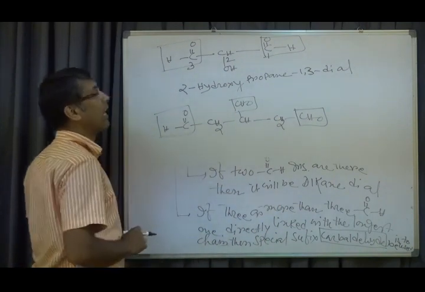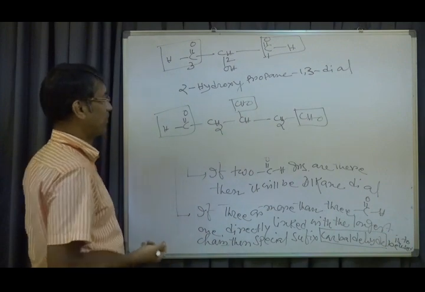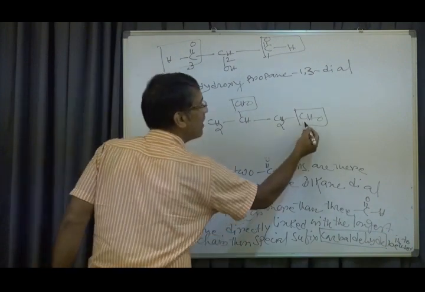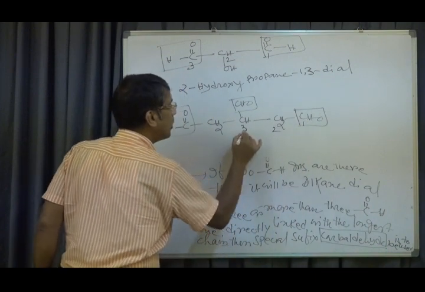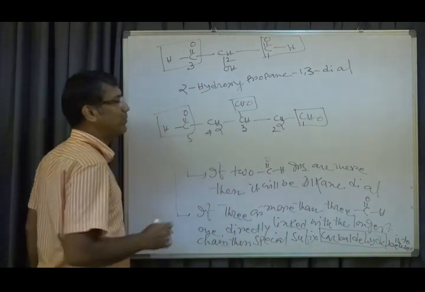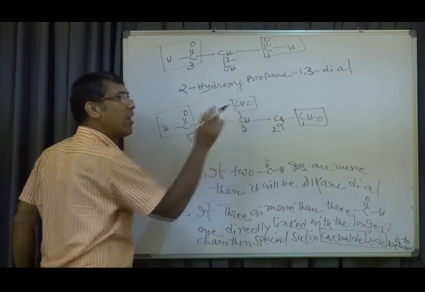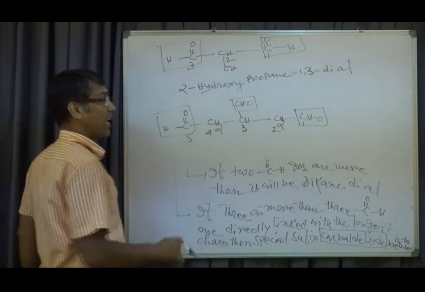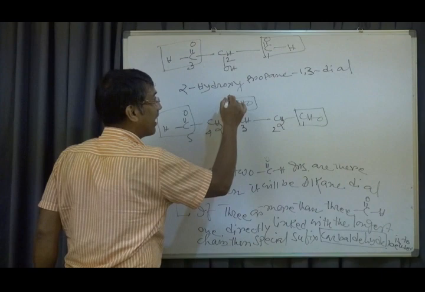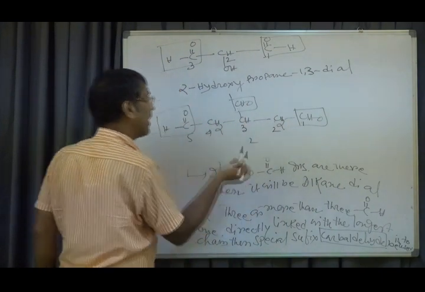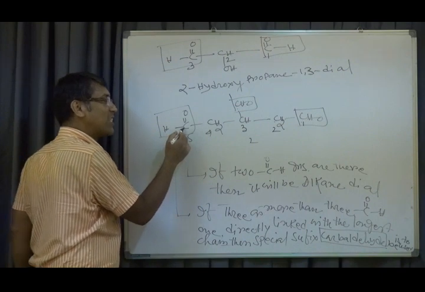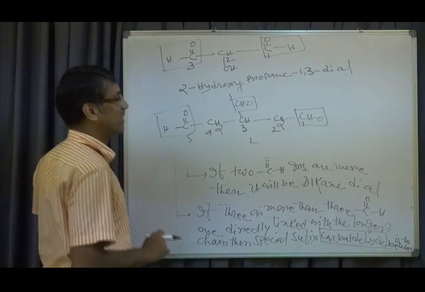Then a problem arises. What is the problem? If we start the numbering from this side, 1, 2, 3, 4, 5, then it is not in the longest chain. And if we start from this side, 1, 2, 3, 4, then it is not in the longest chain.